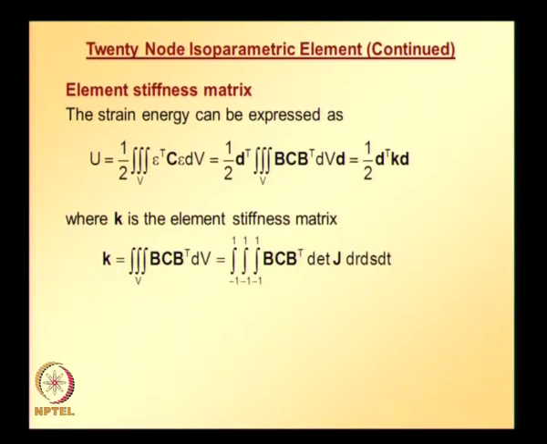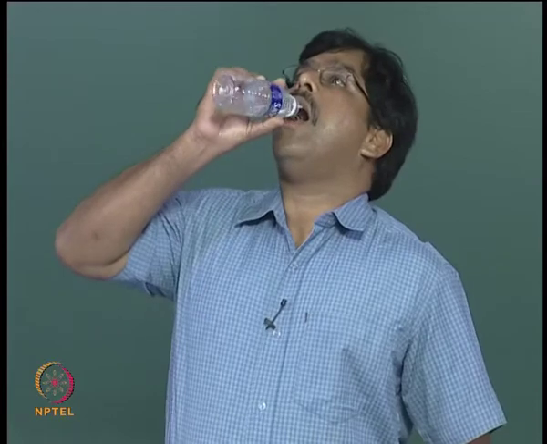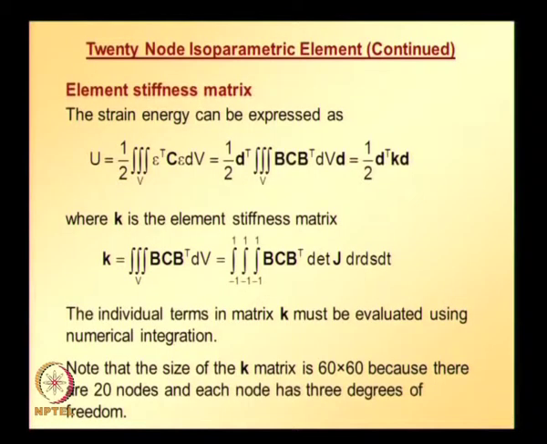Here there are 3 degrees of freedom at each node, and there are 20 nodes. So, the size of the stiffness matrix is going to be 60 by 60. So, we got the element stiffness matrix.